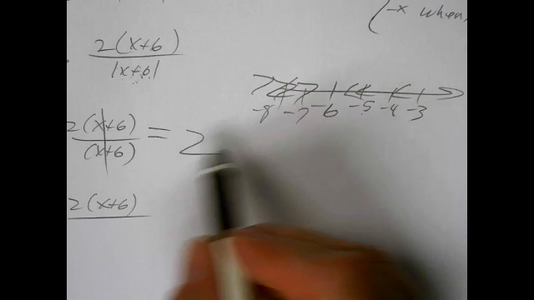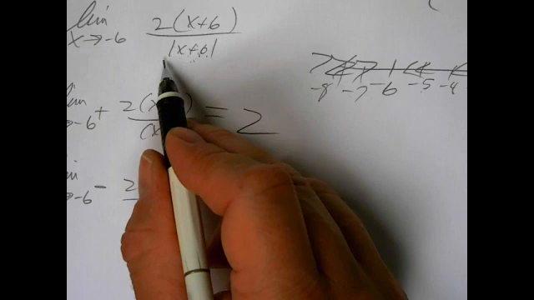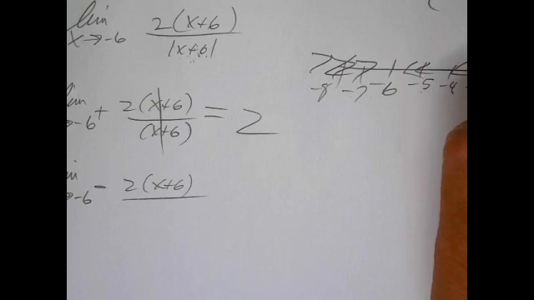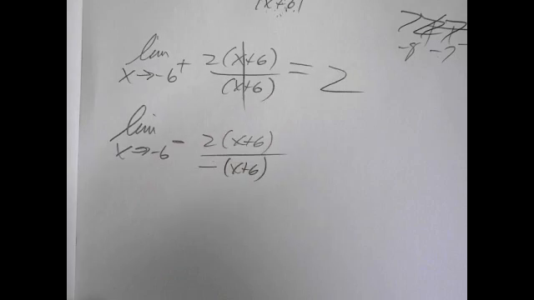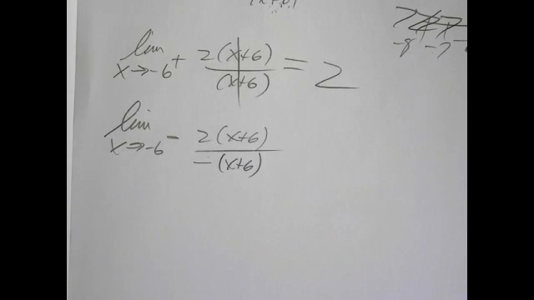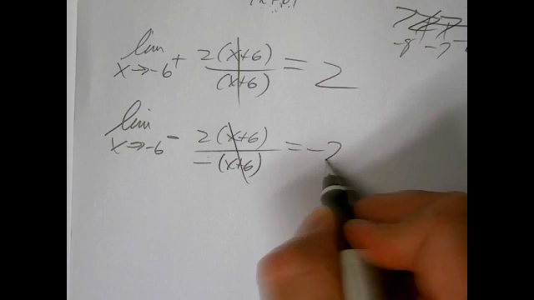In those situations, x plus 6 is negative, like we stated here. So coming in from that side, the absolute value of x plus 6 becomes the opposite of x plus 6. This time these cancel, but they leave behind a negative sign.